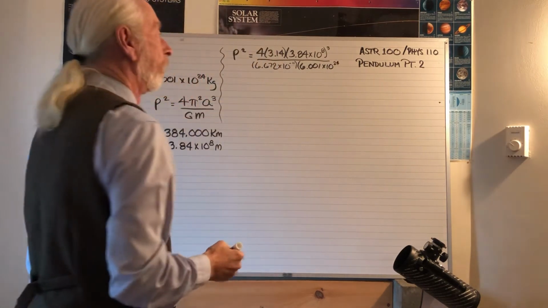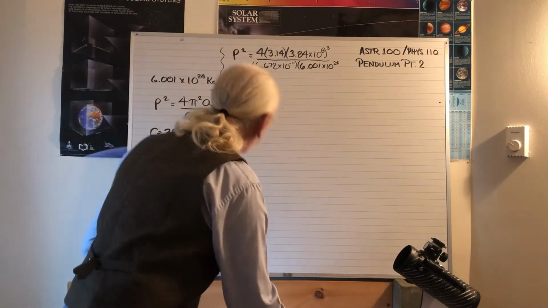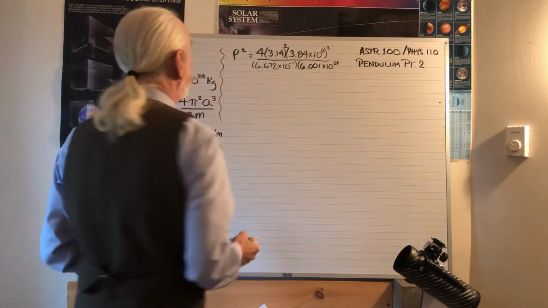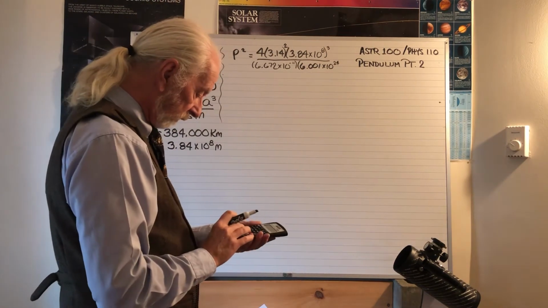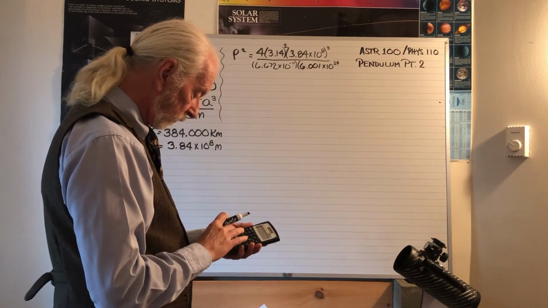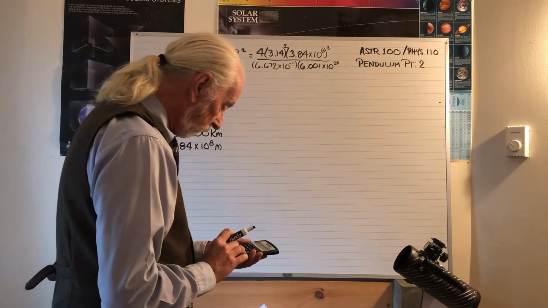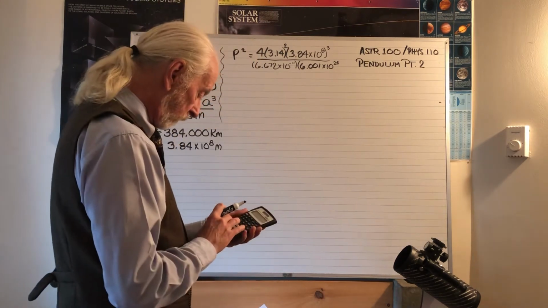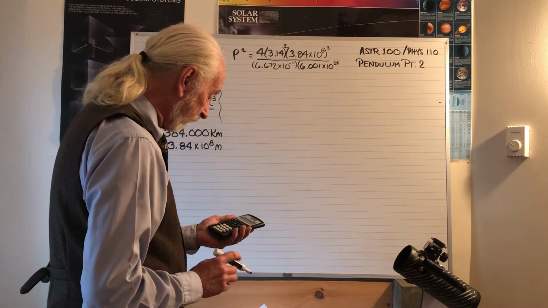Okay, all we gotta do now is bash out numbers. Oh, this is supposed to be squared. I forgot to put that there. Okay, so I'll start by squaring pi. 3.14 squared equals 9.8596. I'm going to multiply that times 4. And I get 39.438.